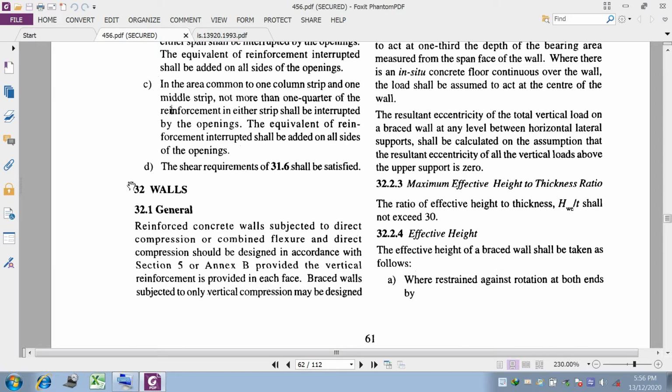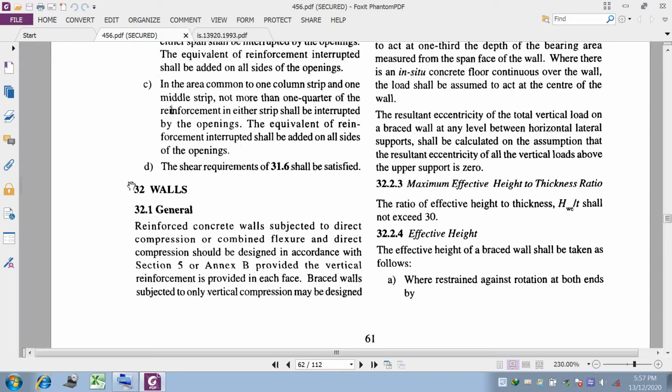Whereas if you refer to IS 13920, in that code the design and analytical requirements are given in various clauses as per ductile detailing.